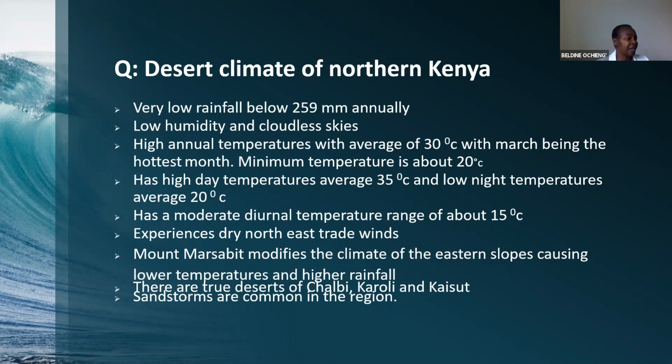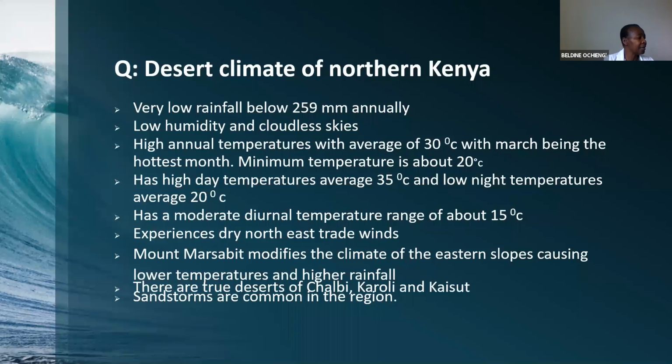That gives us the next point, the diurnal or daily range of temperature, which is 15. That is very large, I would say. 35 in the day, but it falls to 20 in the night.